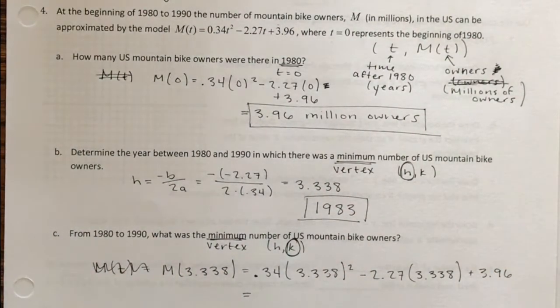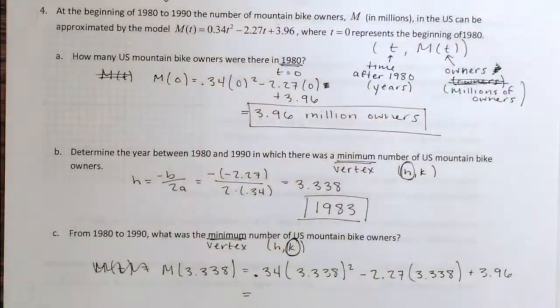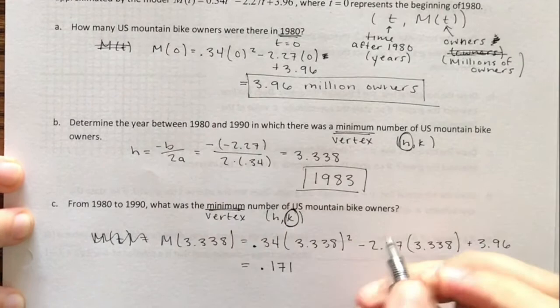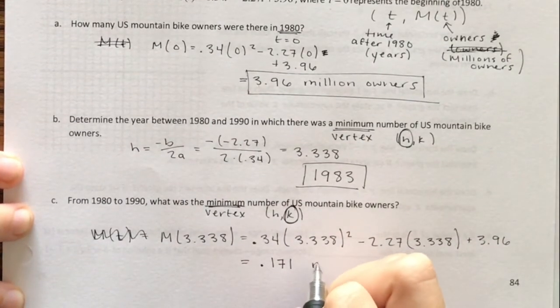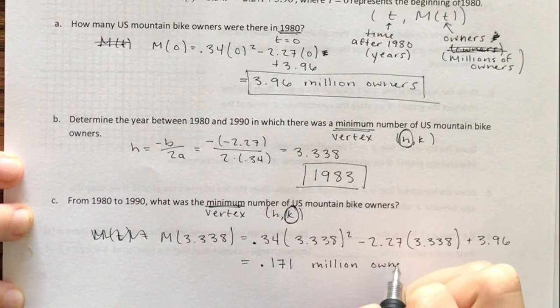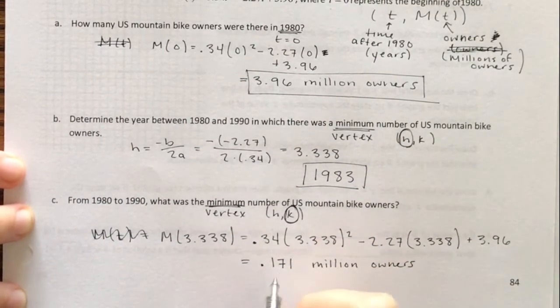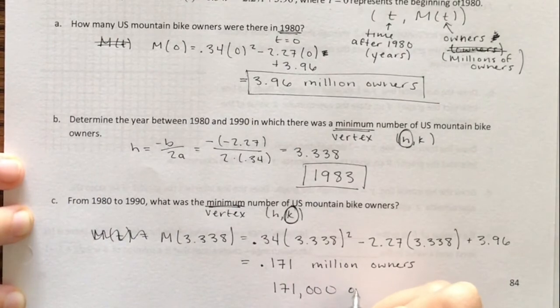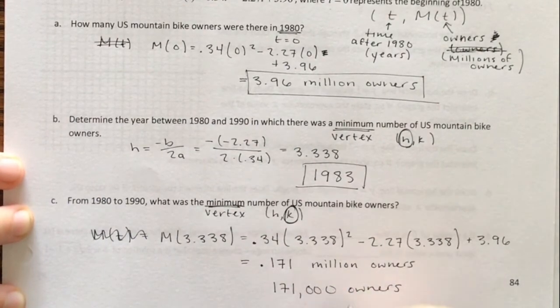We plug this into our calculator and we end up with 0.171 million owners. We could also write this as 171,000 owners. Either of these are good answers.